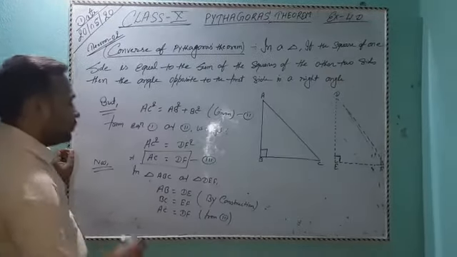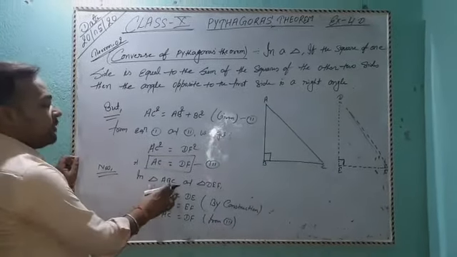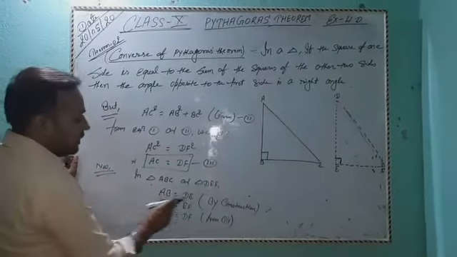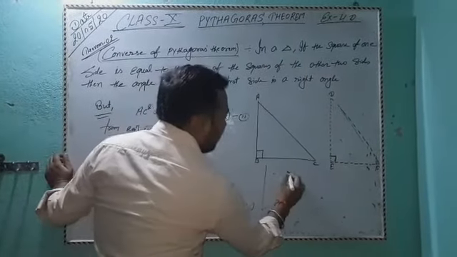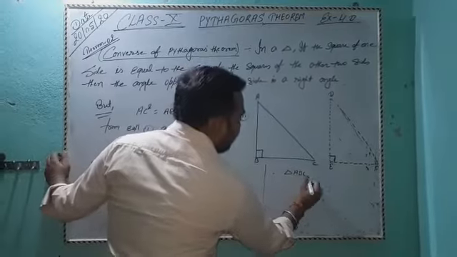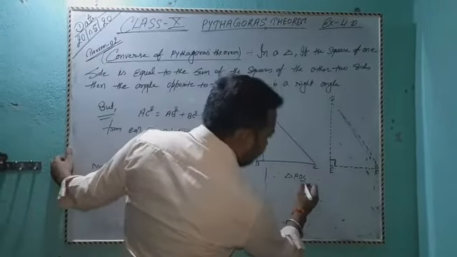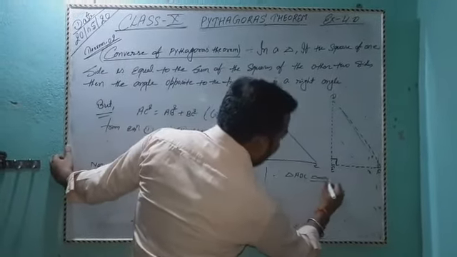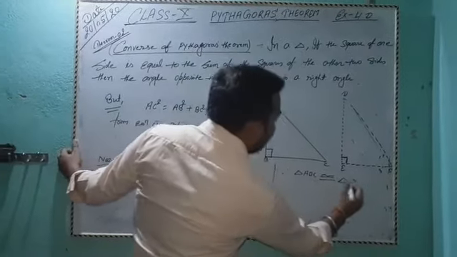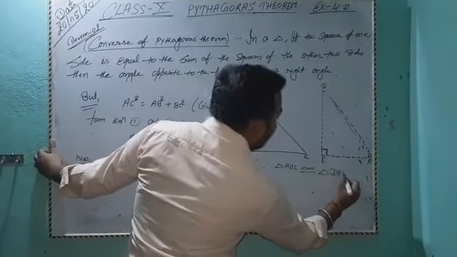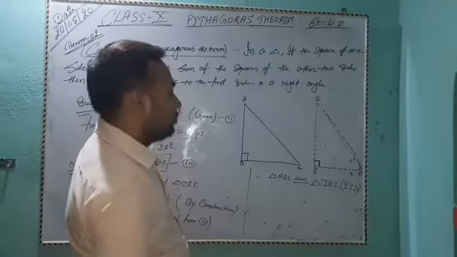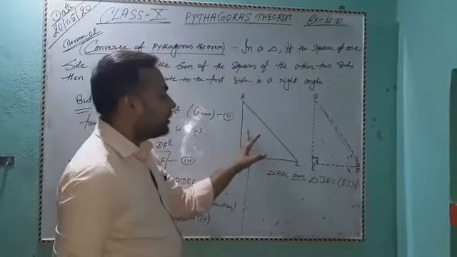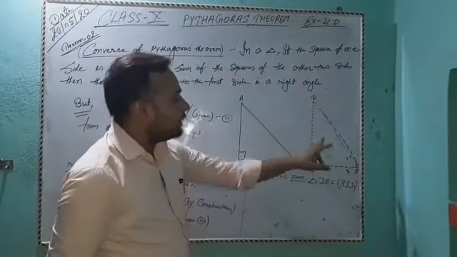So triangle ABC is congruent to triangle DEF by SSS congruency.